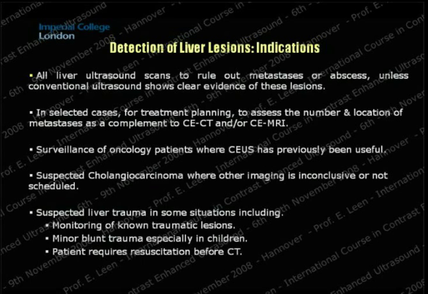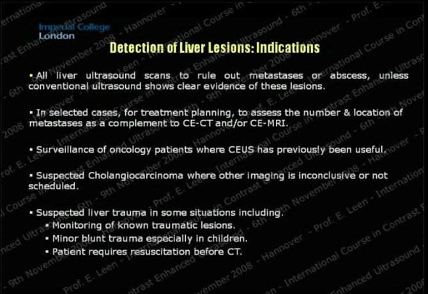The third area, which may be a bit more dubious depending on where you work and what your resource facilities are, is in the surveillance of oncology patients, where CEUS had previously been useful. Meaning that if you've been able to find a lesion before and this patient goes on to chemotherapy, and you really want to look at the effect of the chemotherapy on that patient, you could use contrast.